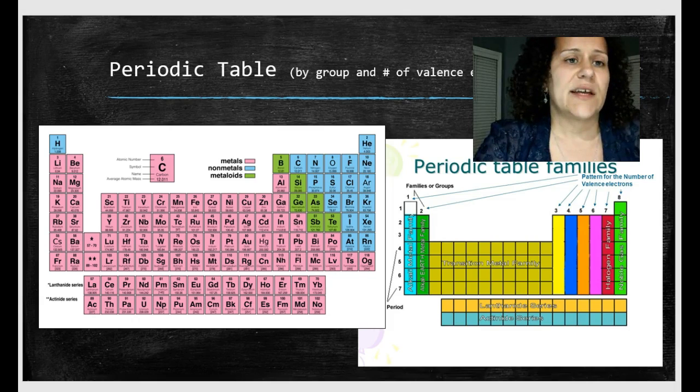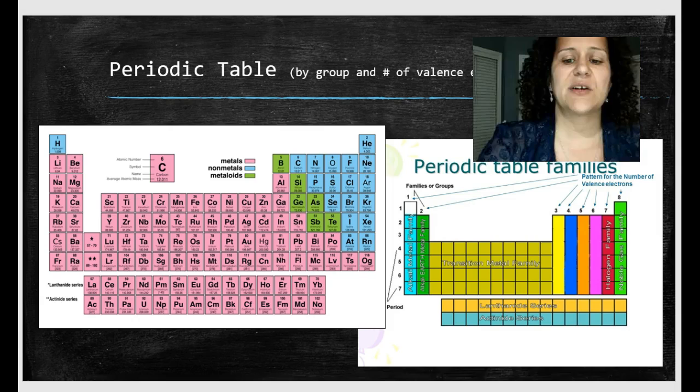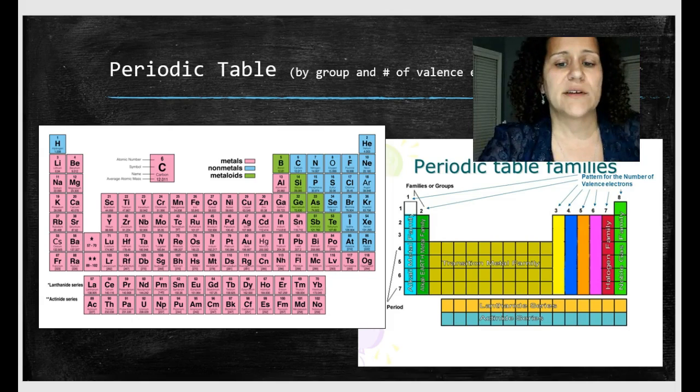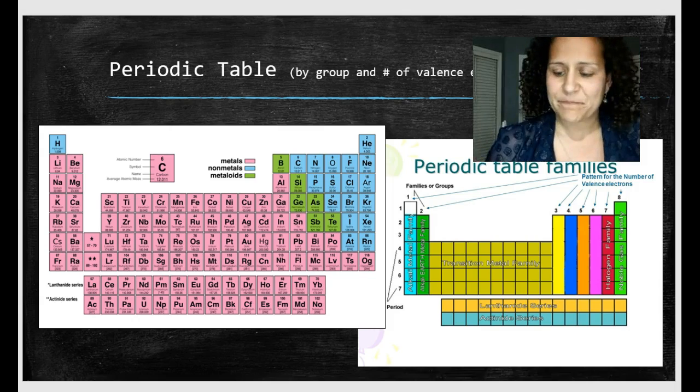What we're going to be looking at today are covalent compounds. So it will be the combination of nonmetals with nonmetals. As you can see from this periodic table, it gives you an idea of which ones are metals, which ones are nonmetals, and then the metalloids. Also the periodic table on the right will tell you the number of valence electrons. So it makes it a little bit easy for you.